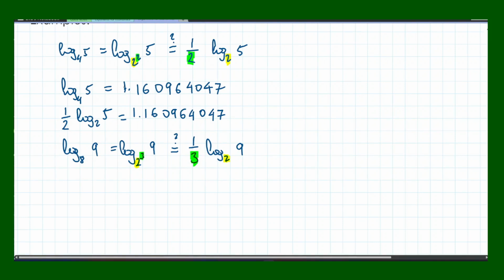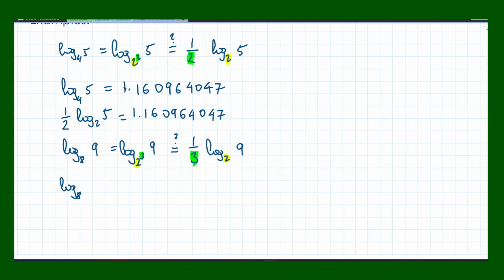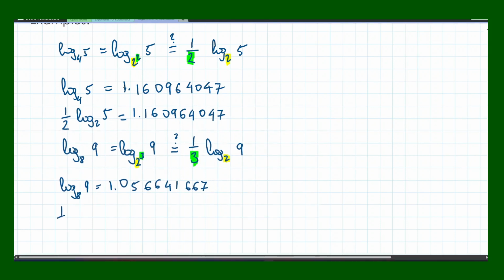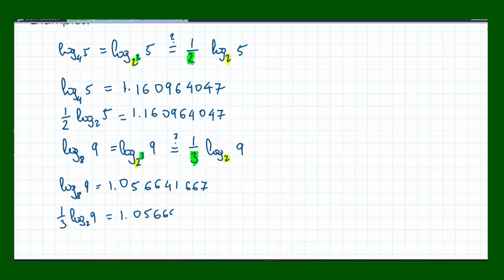So again, calling on the calculator, log base 8 of 9 is equal to 1.056641667, and then 1 over 3 times log base 2 of 9 is equal to 1.056641667. Again, we shouldn't be surprised about it.